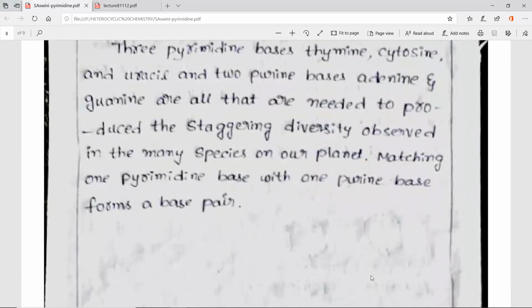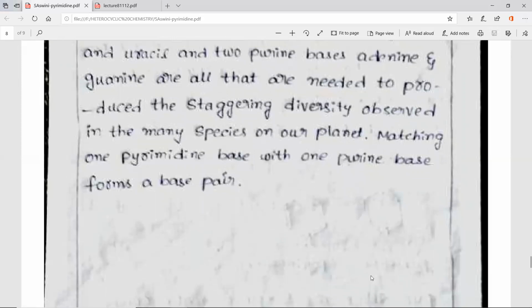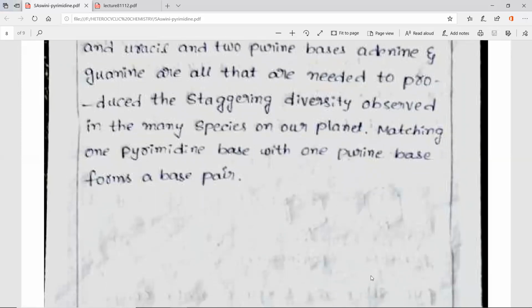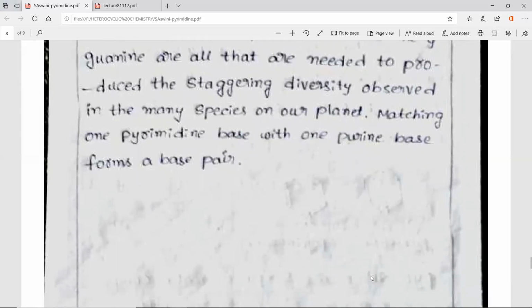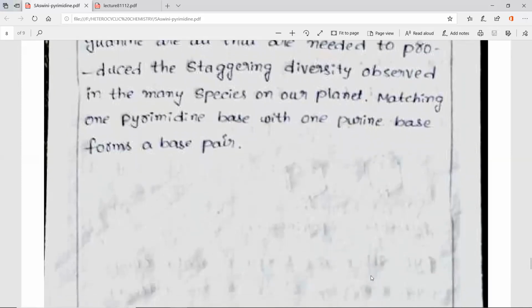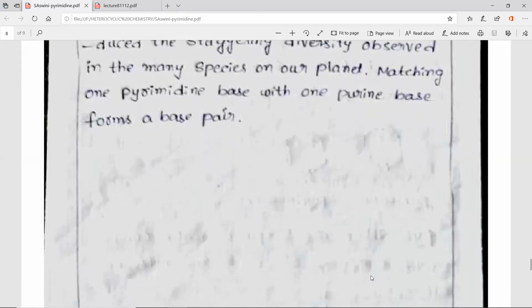So matching one pyrimidine base with one purine base forms a base pair. Adenine always pairs with thymine and guanine always pairs with cytosine.